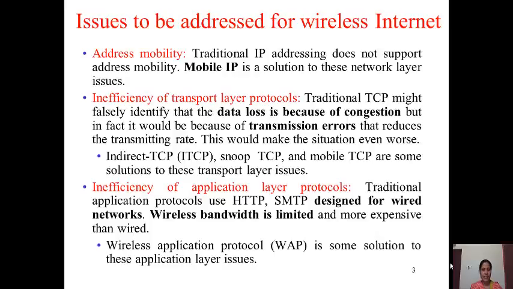WAP is a solution that has been proposed for application layer issues. So mobile IP at the network layer, indirect TCP, Snoop TCP or mobile TCP at the transport layer, and the WAP protocol at the application layer are the proposals that have been identified to address the issues in the existing networking.